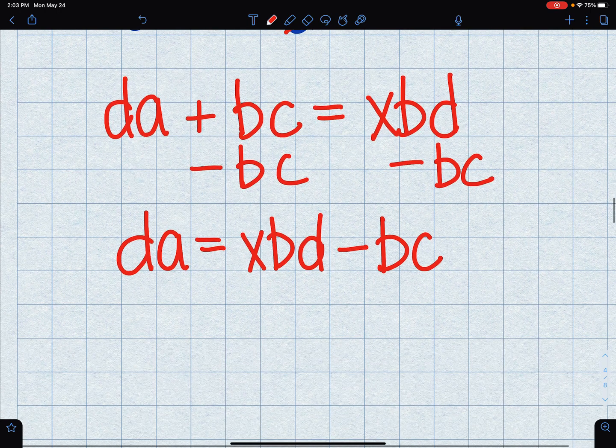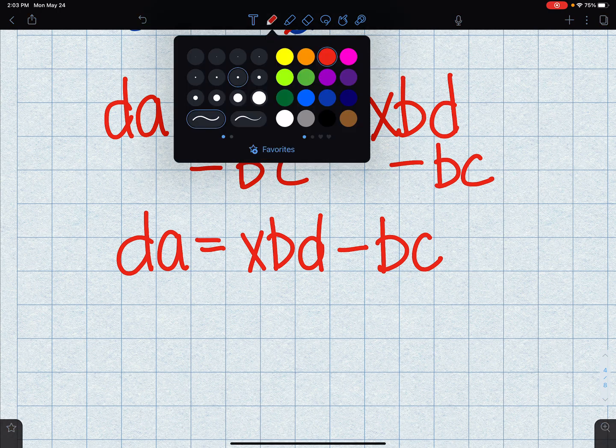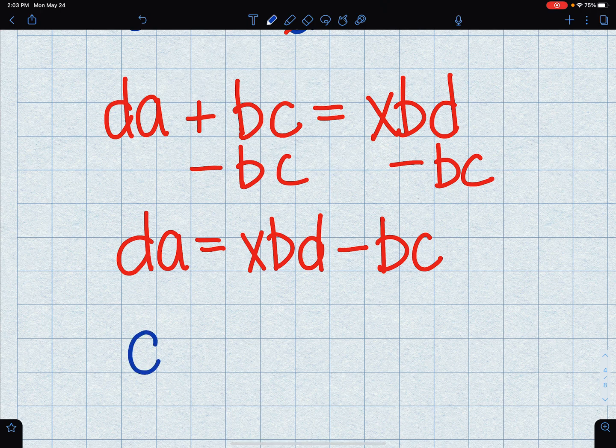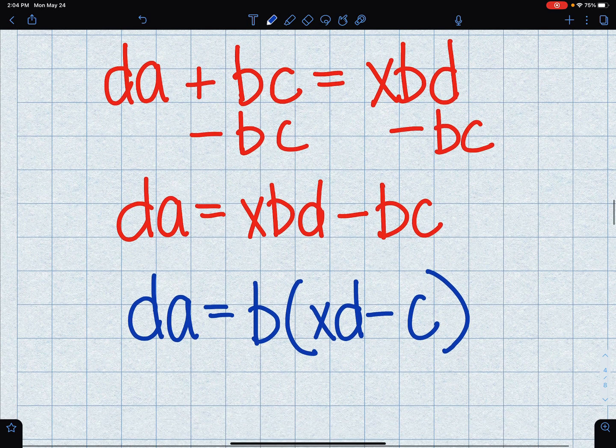Now I'm going to factor out this b. dA is equal to b times xd minus c. Okay, got it.